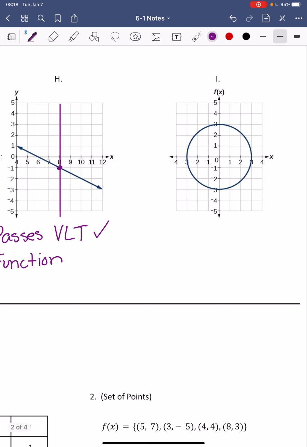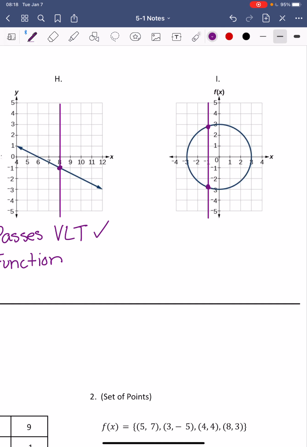Lastly, graph I, we have a circle here. This is one of the most obvious graphs we can give you that fails the vertical line test. And I have a lot of spots to choose from. Pretty much anywhere on the circle that I draw a line except for the very edges, if I draw a line through the circle, it has to hit the circle 2 times.